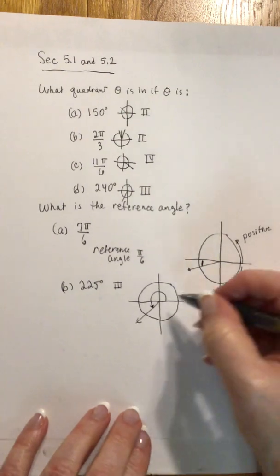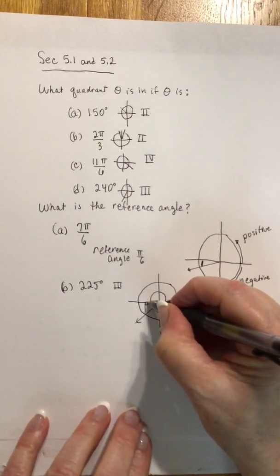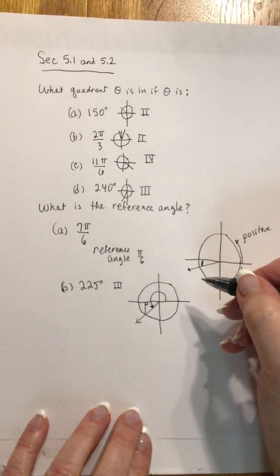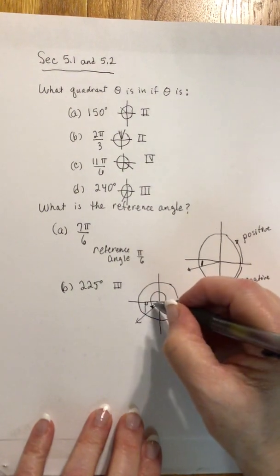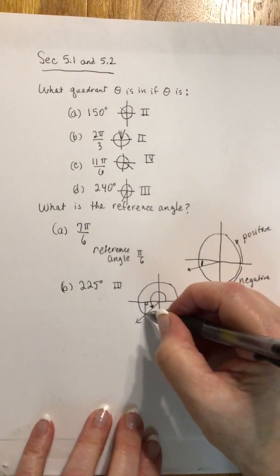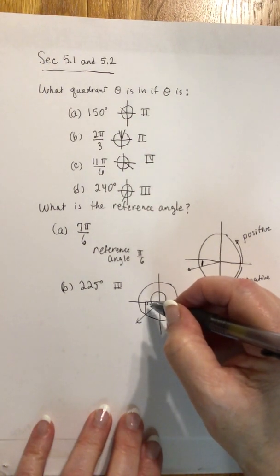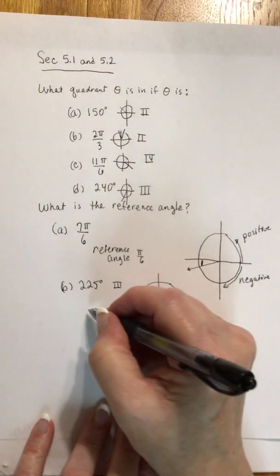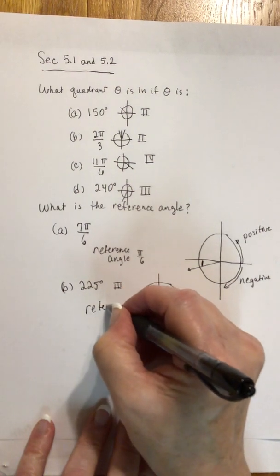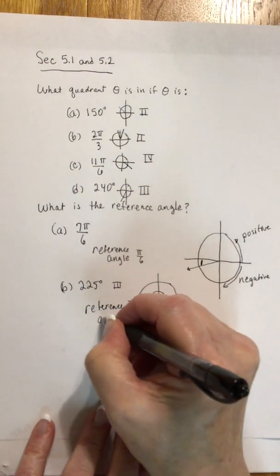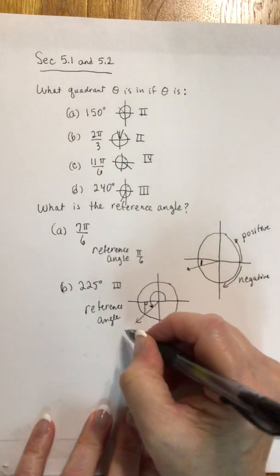Now, our reference angle is going to be going back to the x-axis. So this is 180 degrees, and this is 225. What do you know is the difference between 180 and 225? 45 degrees. So our reference angle is 45 degrees.